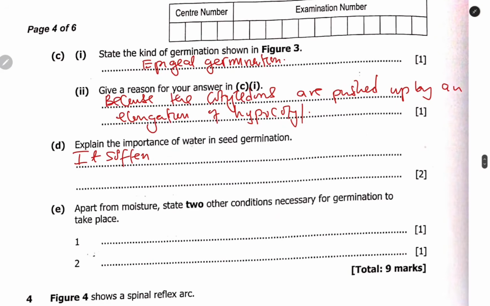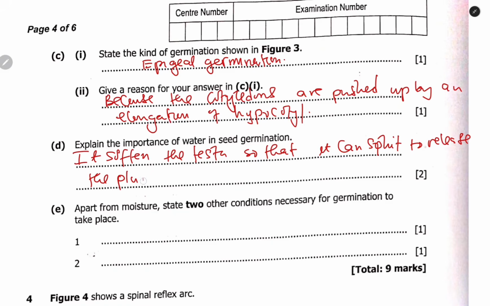For those that might not be aware, the testa is just the cover outside the seed, to release the plumule. The plumule is the one that develops into a shoot, and the radicle is the one that develops into roots. That is one of the functions of water.